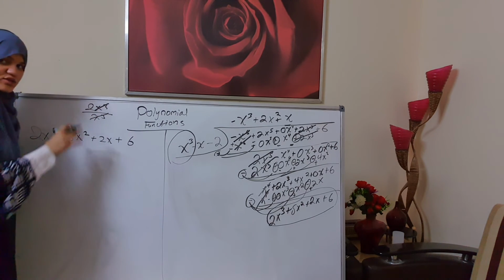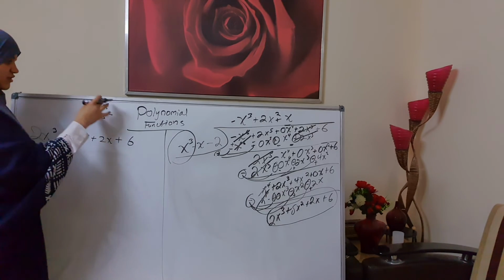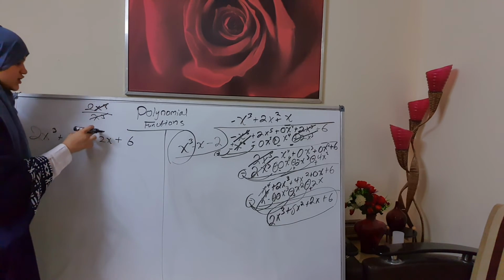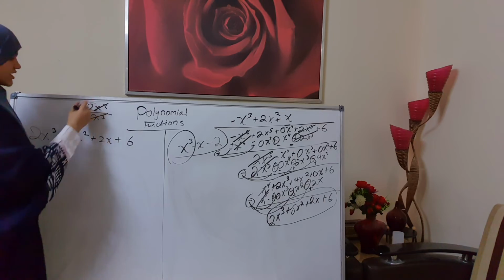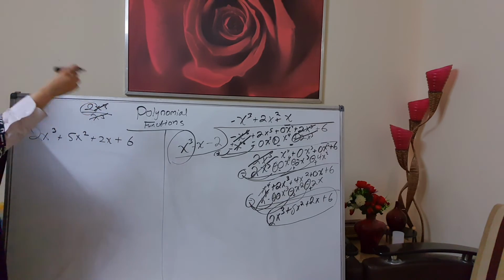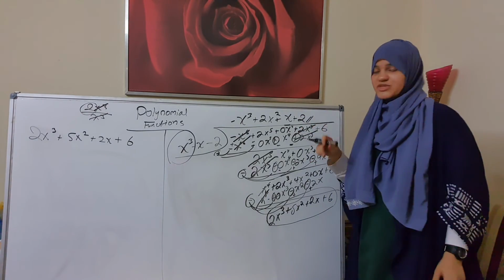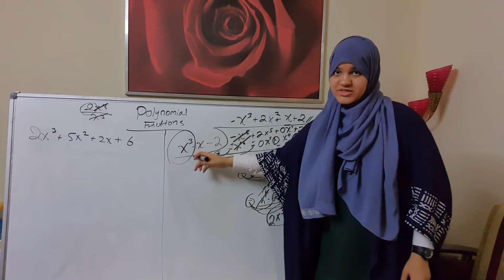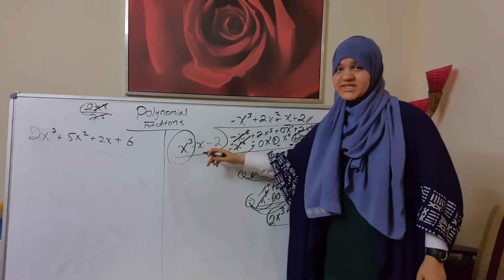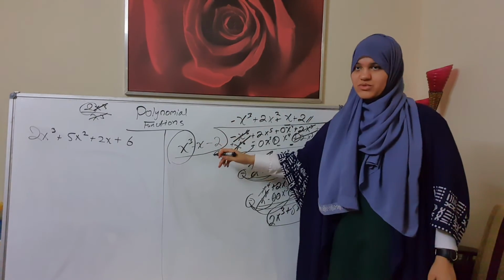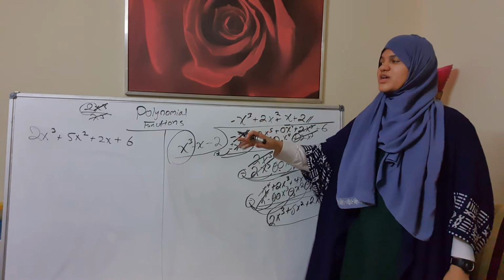So what you will get here? You will write positive 2. So that means 2 times x to the power of 3, and 2 times negative x, and 2 times negative 2, right?